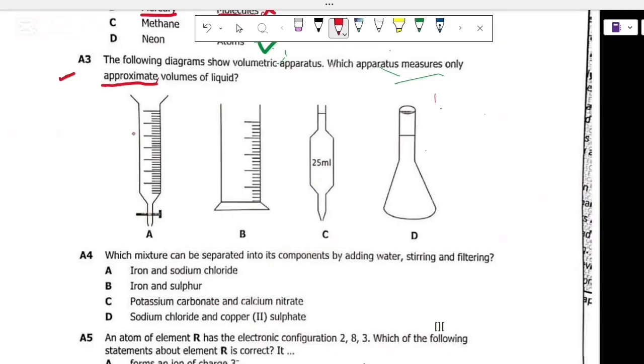Now, when you look at these apparatus, the first one here is a burette. This is called a burette. And when you look at the second one, this is a measuring cylinder.